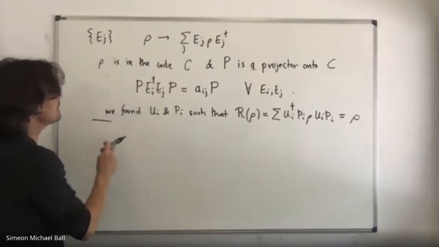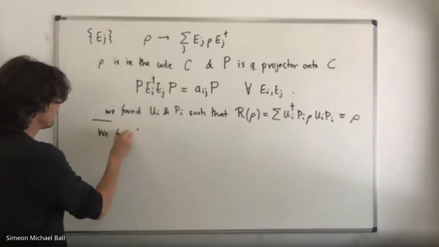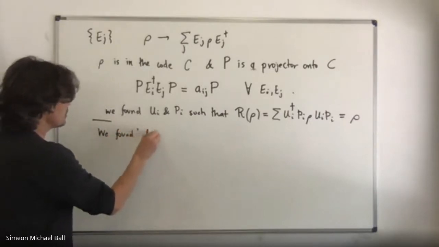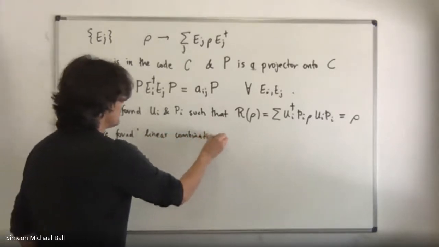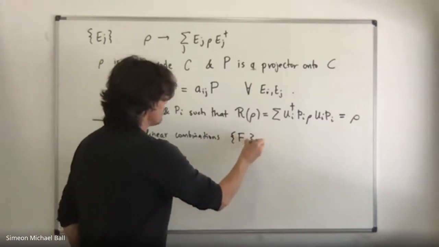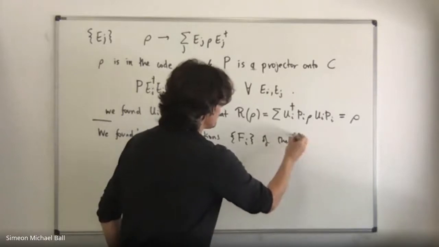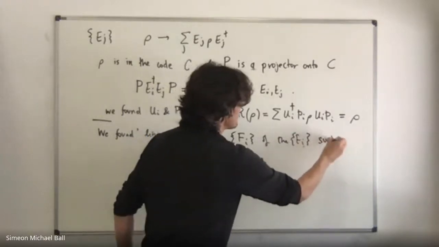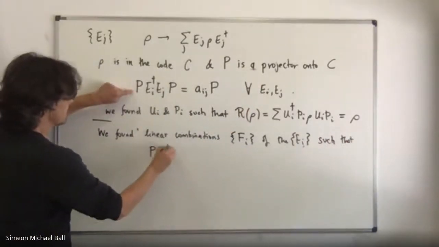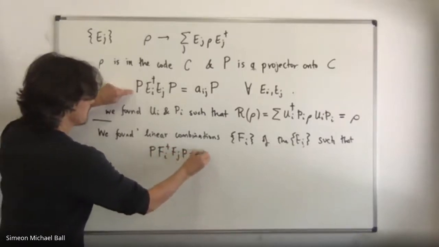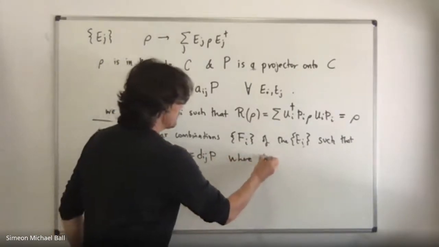So instead of having these E_i's with the A_j's, we found the linear combinations, the F_i's of the E_i's, such that this condition held, where now d_ij is a diagonal matrix.